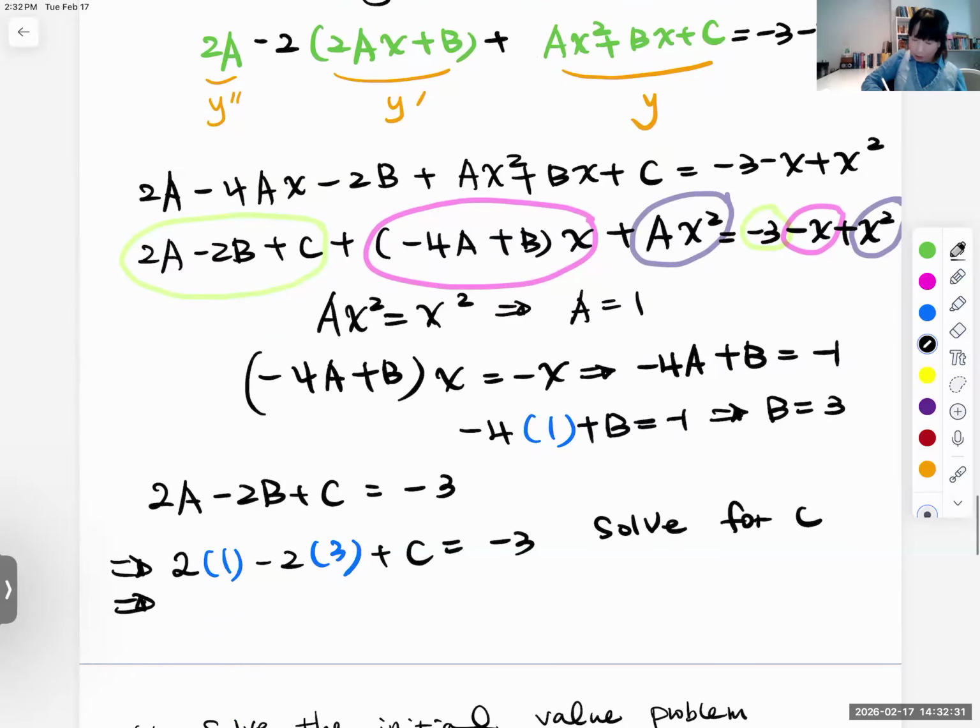So what do you get? 2 minus 6 is negative 4, and move to the other side. So c will be positive 1. Yeah. Okay, very good. Okay, let's conclude.